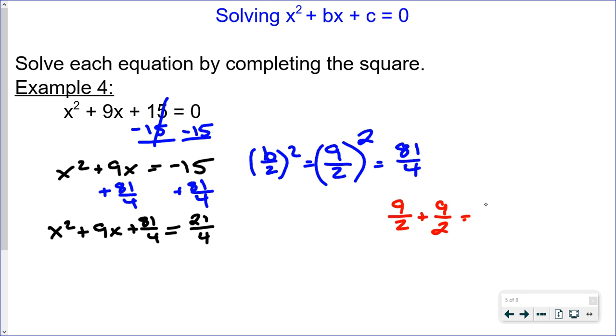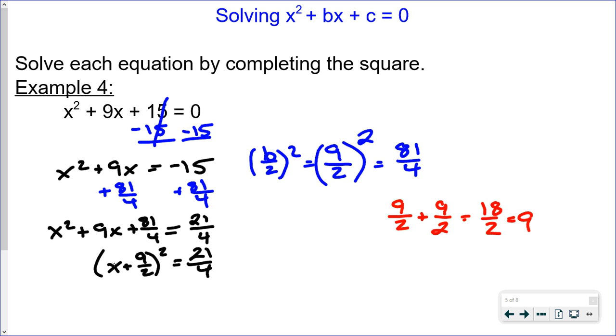When you add them, you get 18 halves, or 9, which is that. Pretty cool. So what this factors to is x plus 9 halves to the second power. Because again, 9 halves times 9 halves is 81 fourths. 9 halves plus 9 halves, I just showed you over here, is 9. So that's what this factors to.